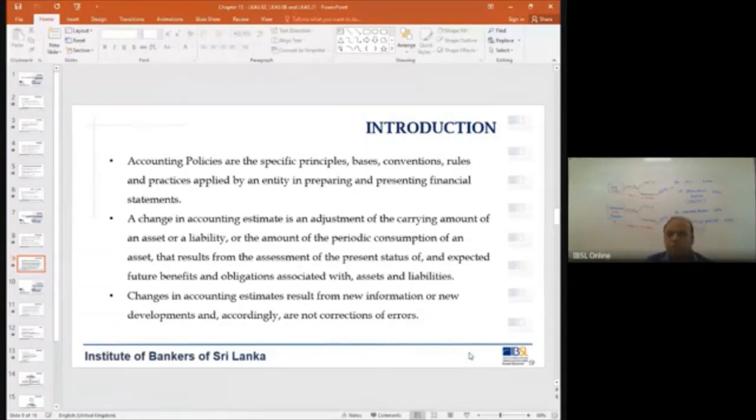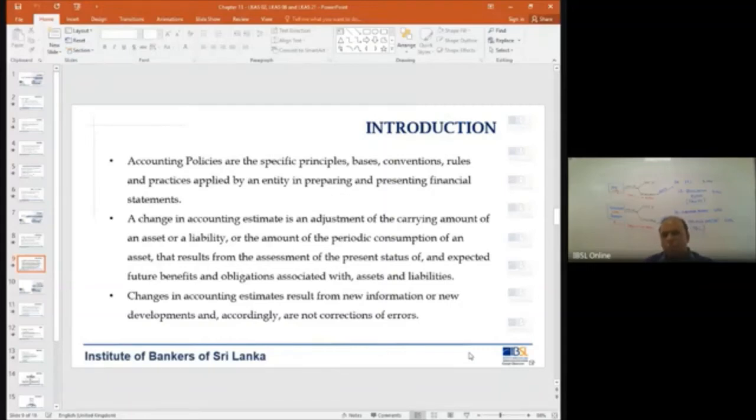So you have to be very careful. Somebody not posting a transaction, because we learned certain errors, you might remember, those are called errors. But if you decide to change your depreciation rate from 1 year to another year, that is not an error. That is a change in accounting estimate.